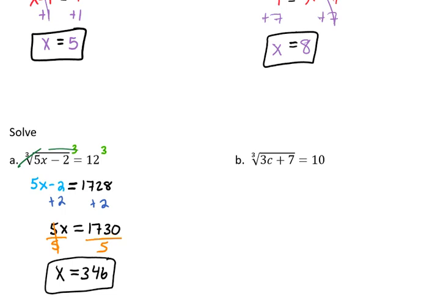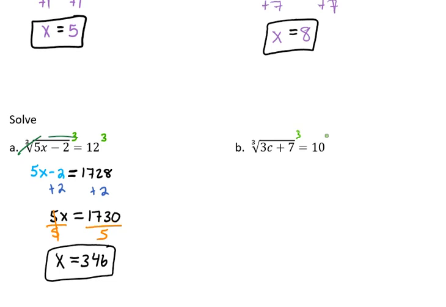So here, our cube root's already by itself, so we're going to cube both sides because it allows us to cancel out our root, which gives us 3c plus 7 equals 1,000. From here, we're simply going to solve.